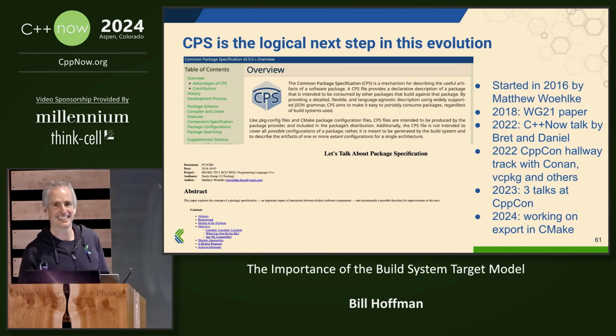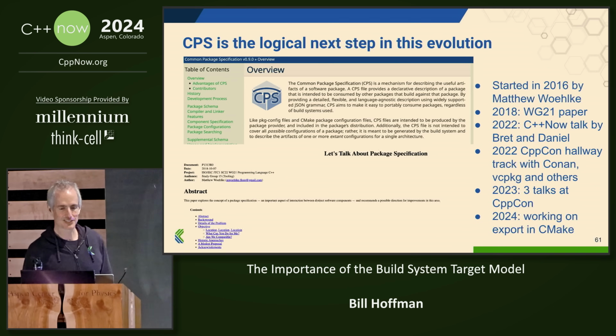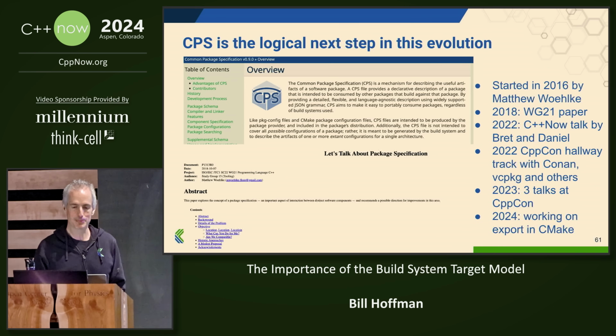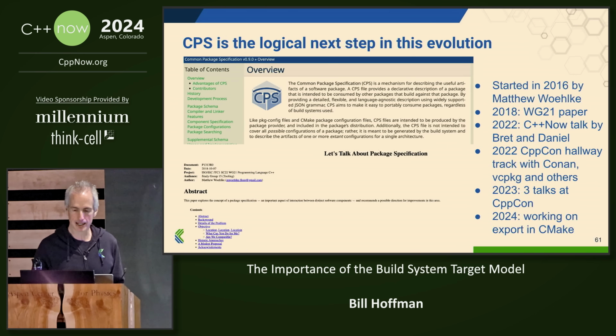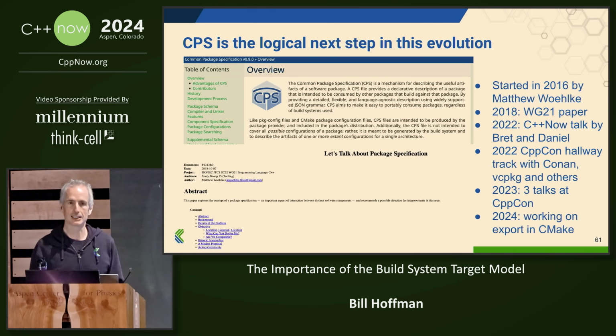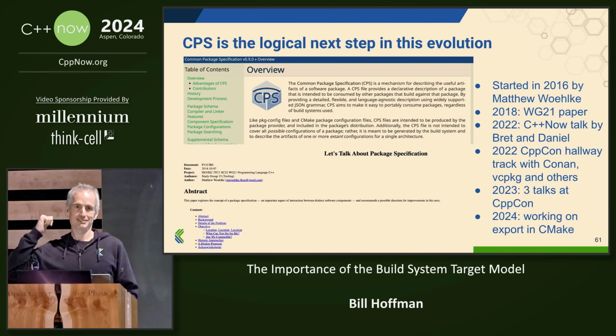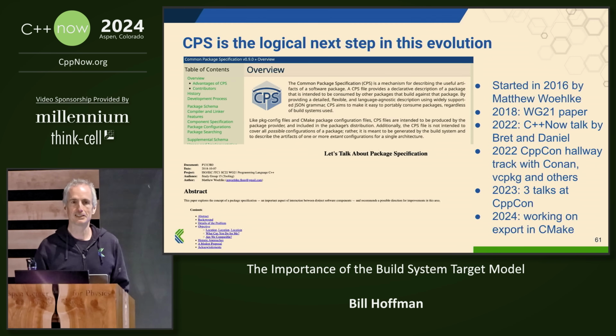So the next logical conclusion in this evolution is CPS, the Common Package Specification. This was started in 2016 by Matthew Woehlke, who works at Kitware and wrote a paper about it. In 2018, there was a WG21 paper. In 2022, there was a talk right here, down in the other room, I think, by Brett and Daniel from Bloomberg about the need for something like CPS.